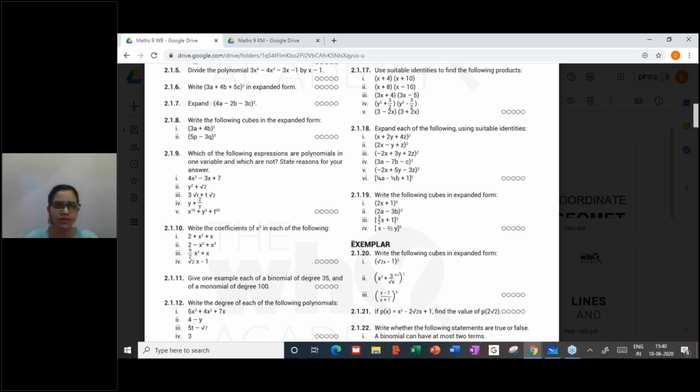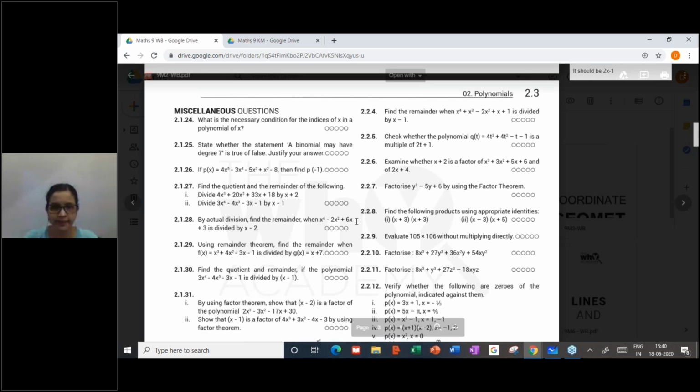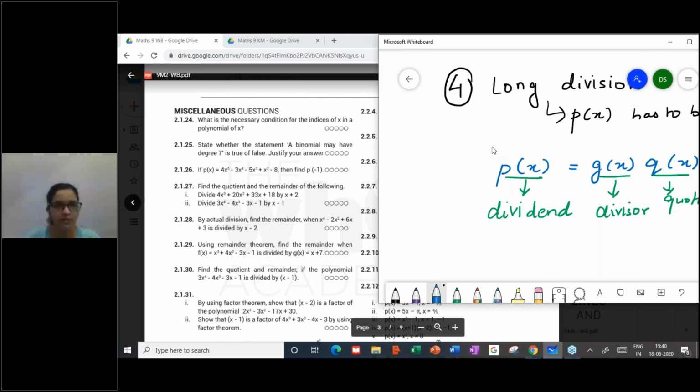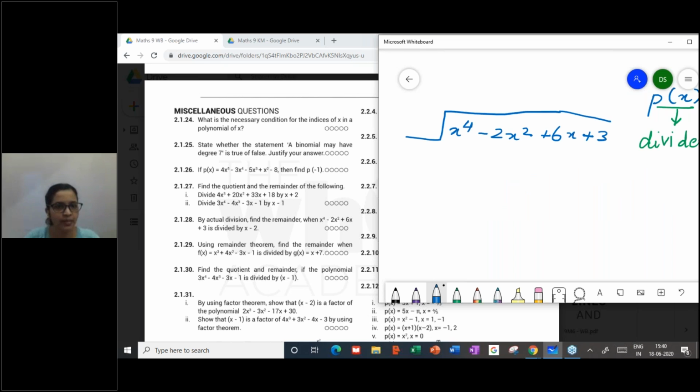So it's x power 4 minus 2x square plus 6x plus 3 divided by x minus 2.